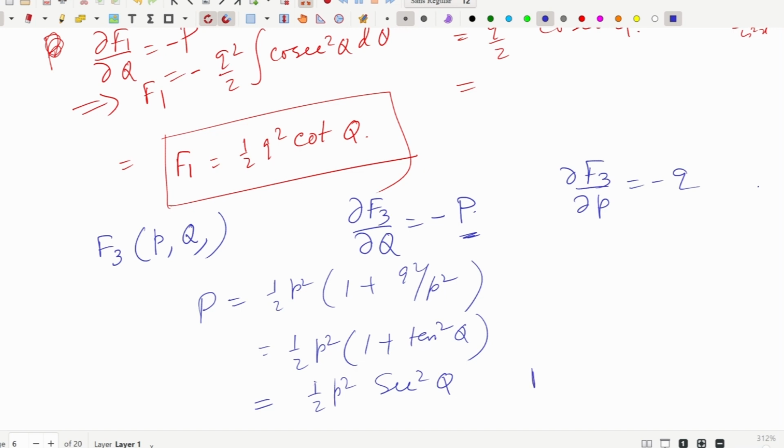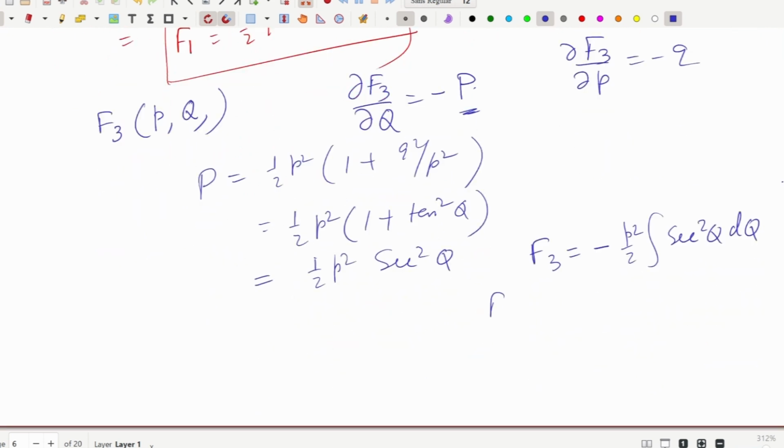So, now your F3 will be minus p square by 2 integration of sec square Q dQ. Okay. And if you perform this integration, you will get tan Q. So, F3 will be minus p square by 2 tan Q. So, this will be the generating functional for this.